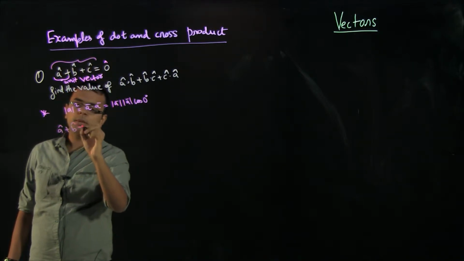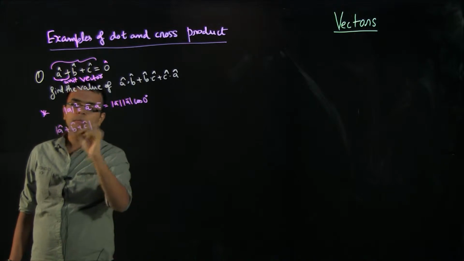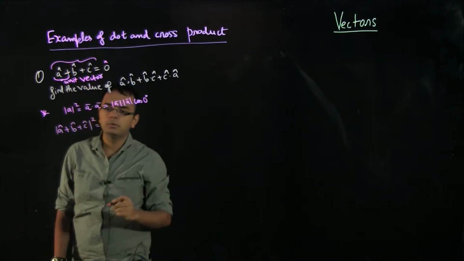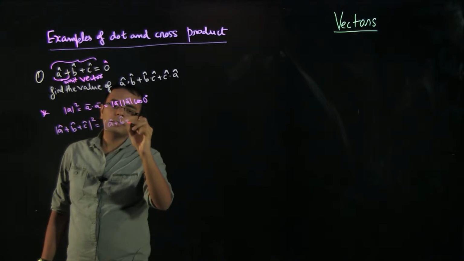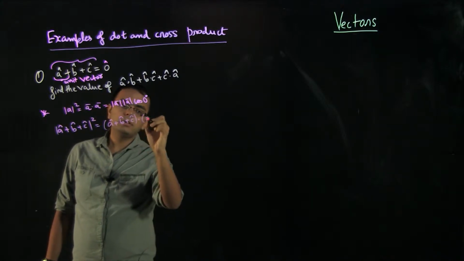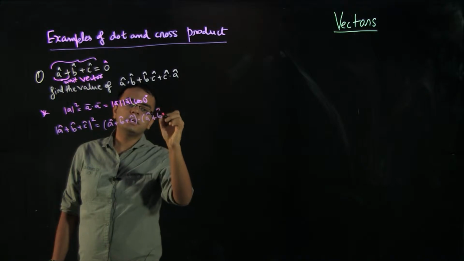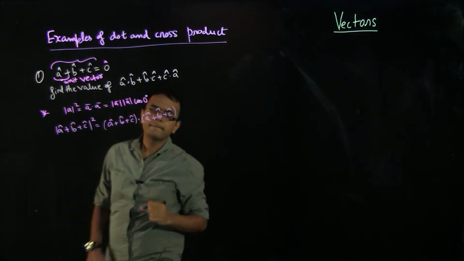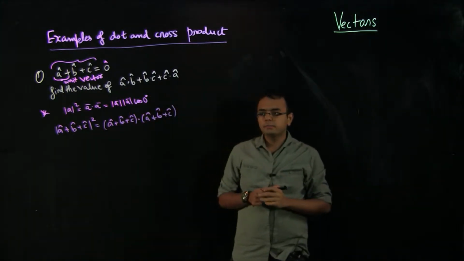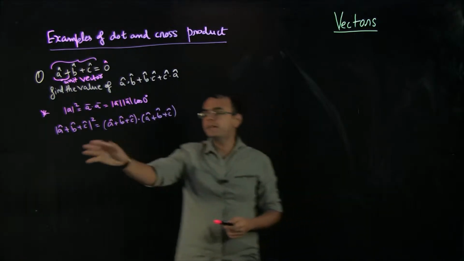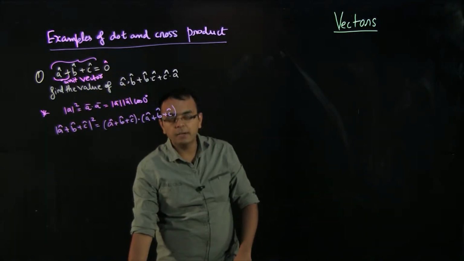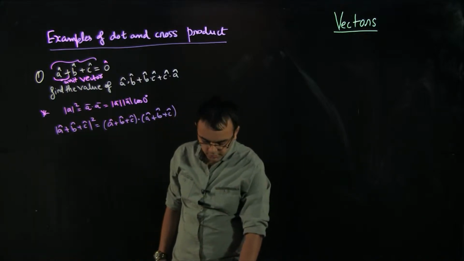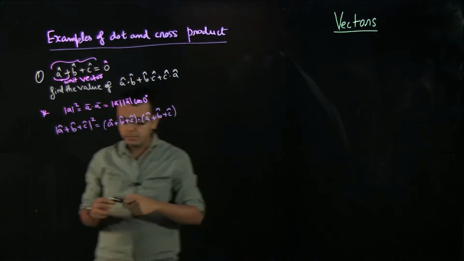A cap plus b cap plus c cap mod square is equal to a cap plus b cap plus c cap dotted with a cap plus b cap plus c cap. Now we know the left hand side: if something is a 0 vector, the magnitude of that vector will also be 0, and hence this would be nothing but 0.